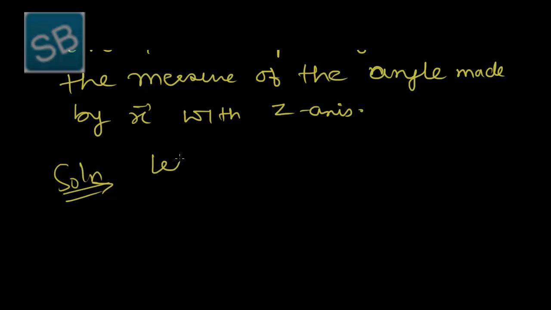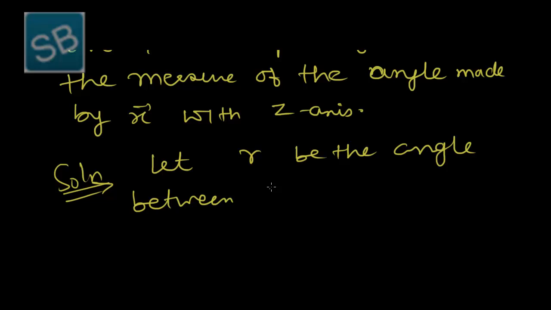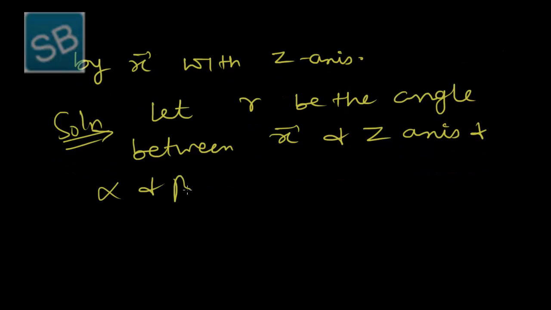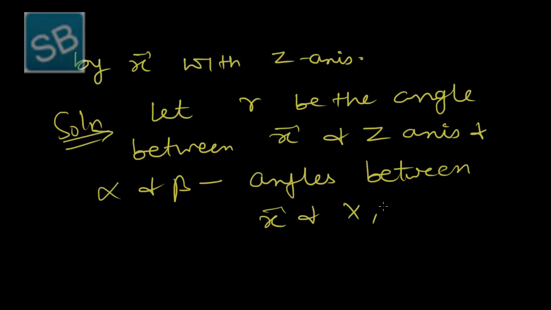So let gamma be the angle between vector x and the z-axis, and alpha and beta be the angles between vector x and the x-axis and y-axis respectively, and these are given angles.